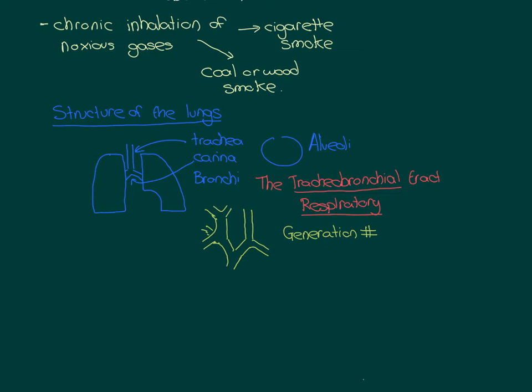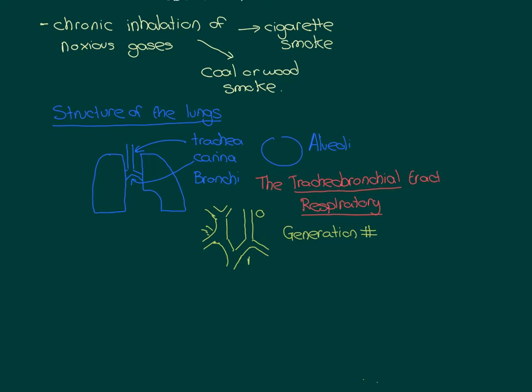The way this works is this tells you how many divisions you've had to go through in order to get to that level of airway. So the trachea is given the number 0. So you start off with the trachea, and that has generation number 0. Then the two main bronchi, the right bronchus and the left bronchus, are given the generation number 1.